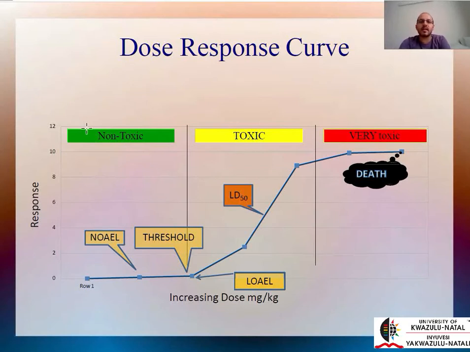Okay, so looking at it on a graph in terms of a response curve, as we increase the dosage concentration, so milligrams per kg, you can see that for quite some time, your body will be able to handle the increased dosage of toxins and remove those toxins from itself. So there's no observable adverse effect. Thereafter, a threshold level is reached where your toxins in is equal to toxins out. So your body has reached its maximum capability of removing those toxins.